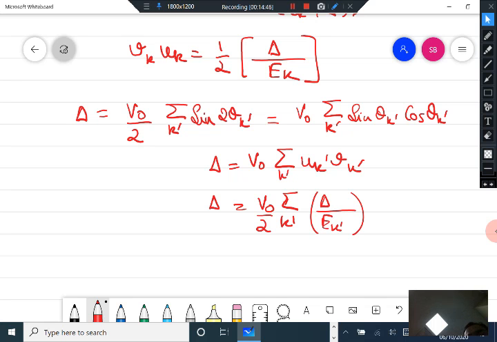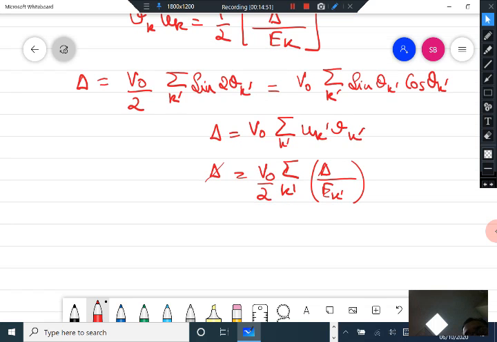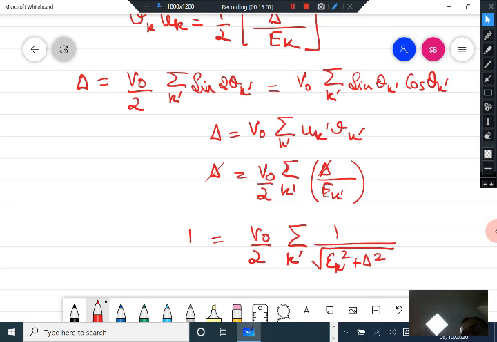And therefore, since we assume delta is independent of the momentum state k, this gives 1 is equal to V0 by 2 summation over k prime 1 by square root of ek prime square plus delta square, because ek prime is nothing else but this, square root of ek square.